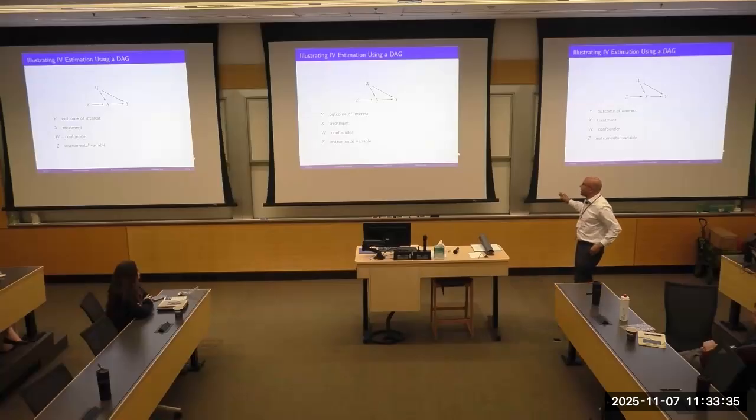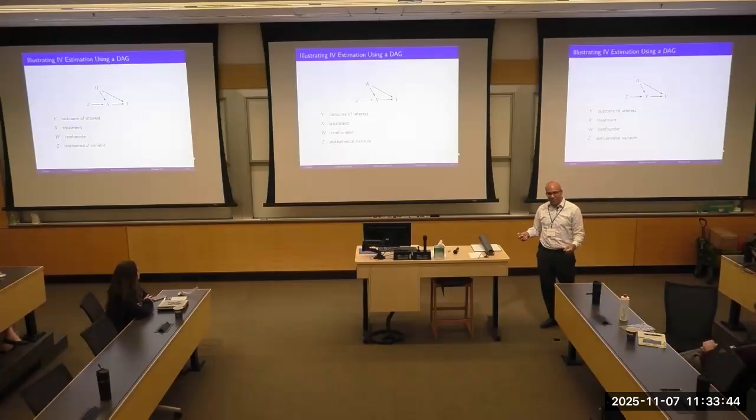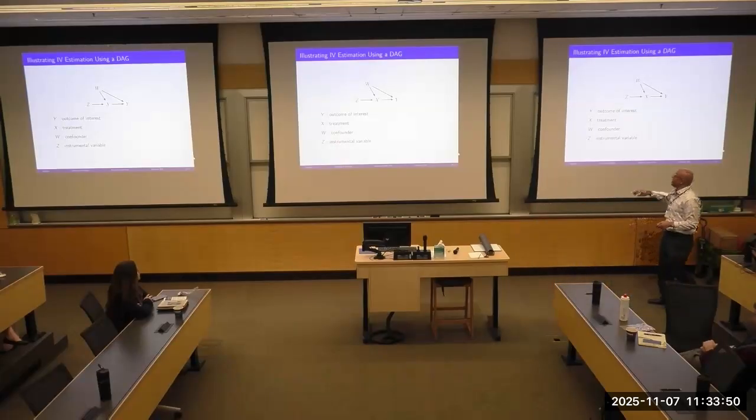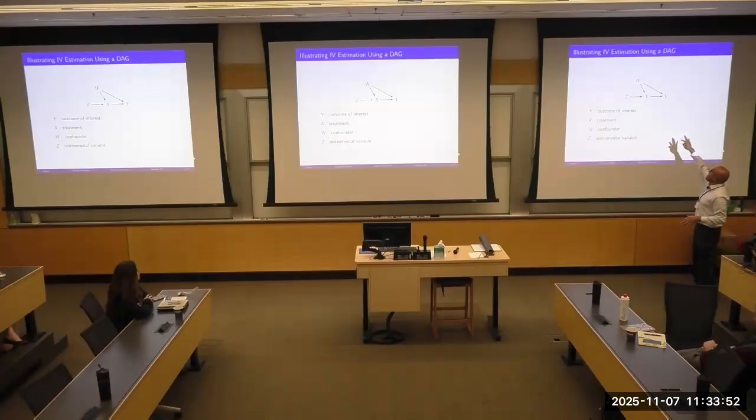The key thing here is while we've got this confounder that's influencing both X and Y, and it makes us nervous about the zero conditional mean assumption, instead we use the instrument. And as long as the instrument is influencing X, then what we can use, of course, is the variation in X, driven by variation in the instrument, to identify the impact of X on Y.